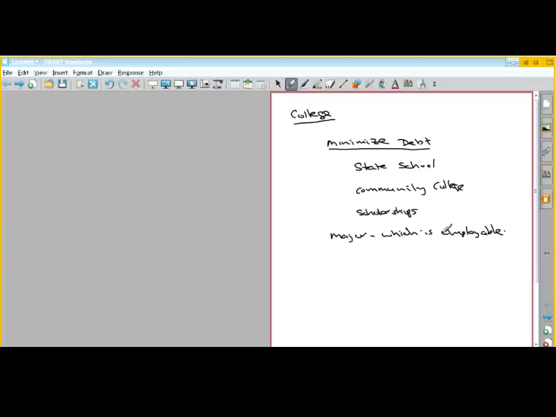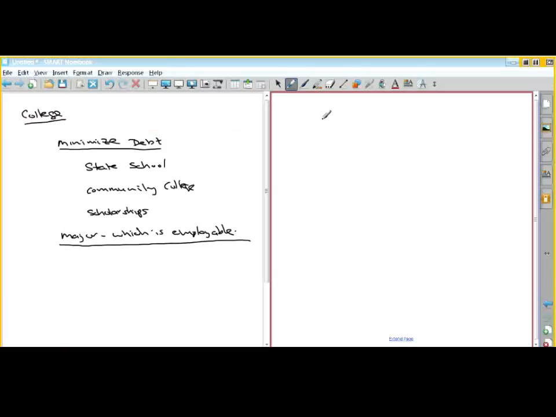Not everybody can be an engineer, but I also chose it because I knew that the job prospects for engineering were good. Yeah, pretty much most of the time. There have been a few times they haven't been great, but most of the time they're good. Okay, so that's my words of wisdom for college.